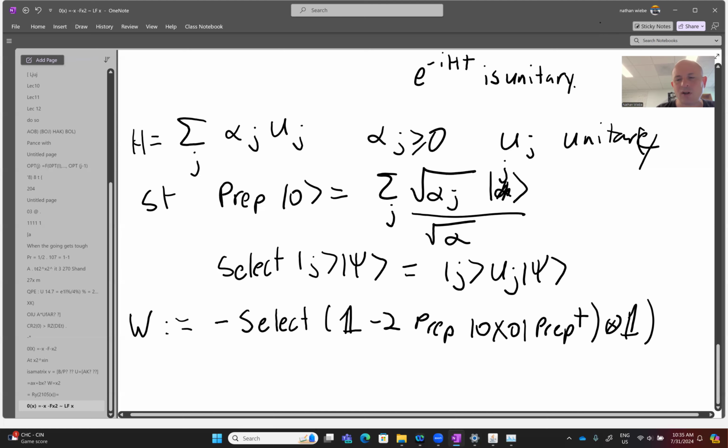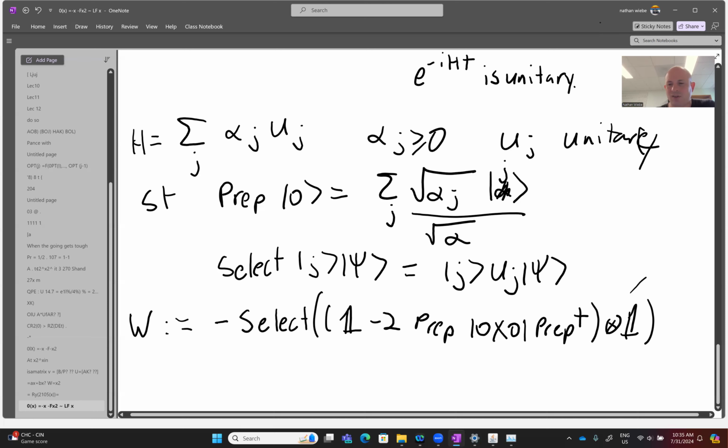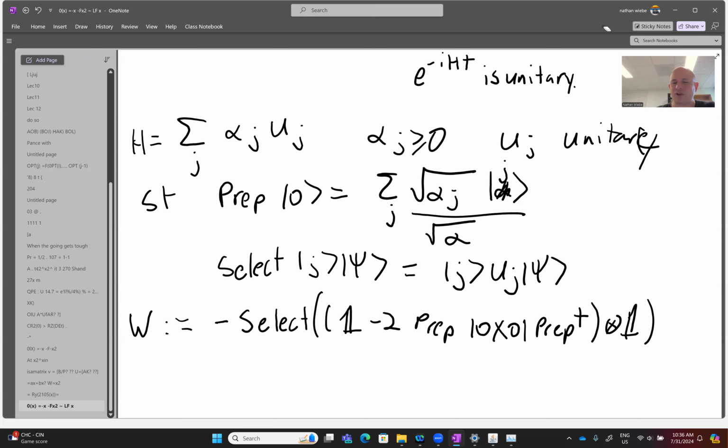Now, I'll often drop this extra identity in here because it's clear that the preparation circuit is acting on the ancilla register up at the front rather than the main register below. But I just wanted to remind y'all that there actually is an extra Hilbert space that this prep only acts trivially on. So what's happening here?